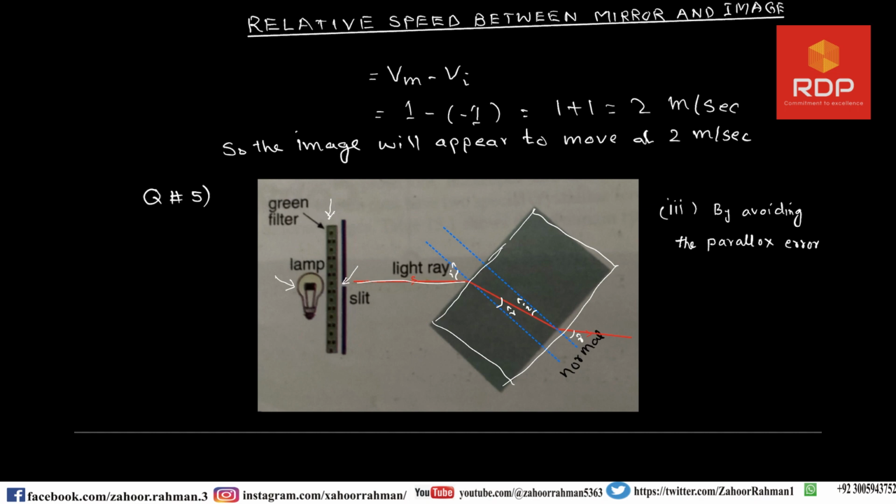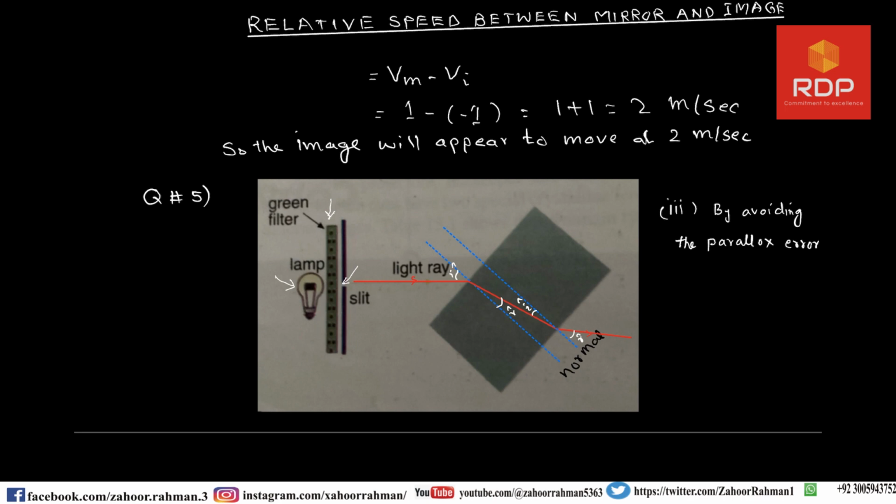So I have shown it here for your convenience, that red ray, and this blue line is showing the normal of the glass slab. So you know that when a light ray enters from a rarer medium to a denser medium, then it will bend towards the normal.